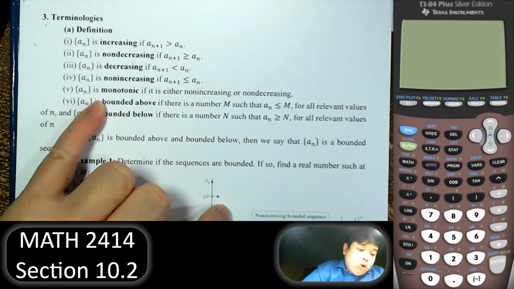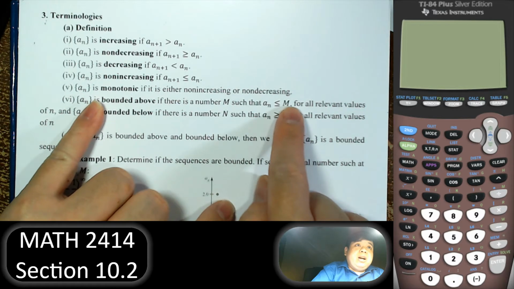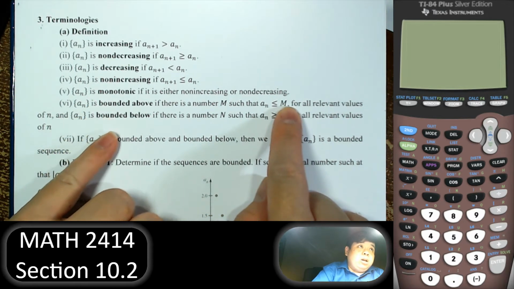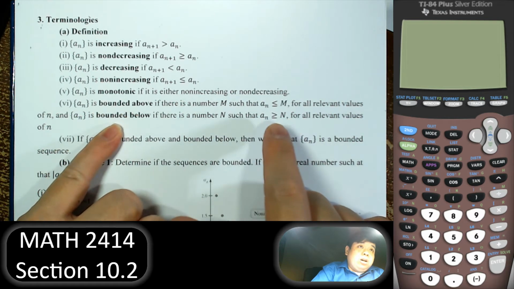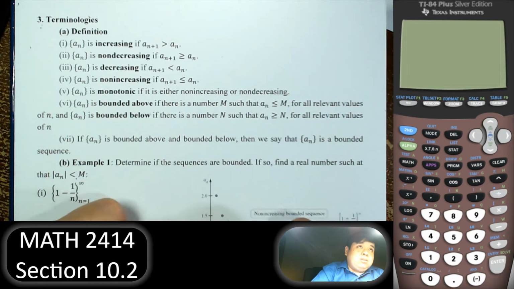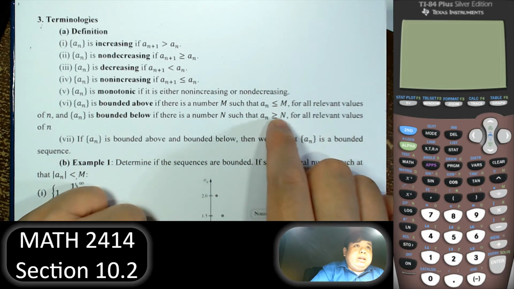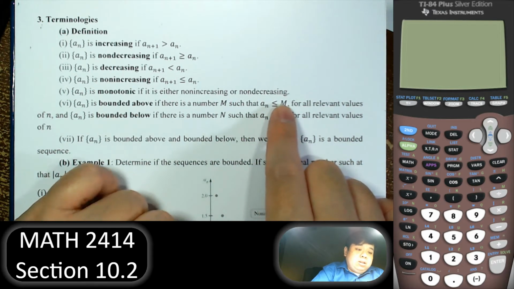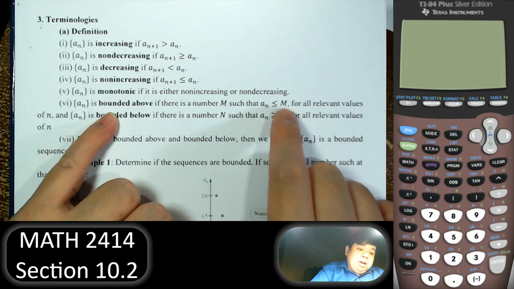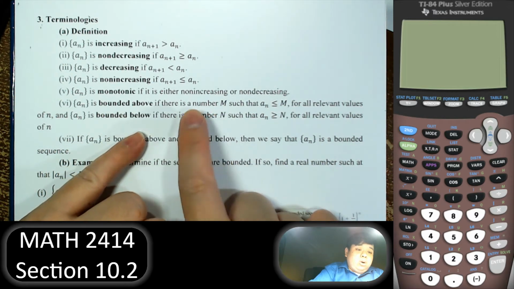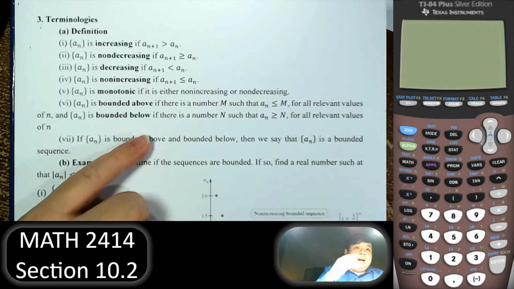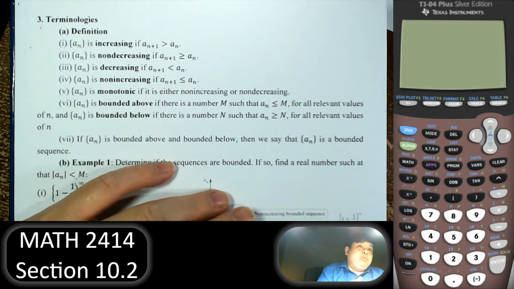Right. So bounded above, if there's a number bigger than every term in the sequence. Bounded below, if there's a number that is smaller than every term in the sequence. By the way, the bound, a number m, doesn't have to be unique.